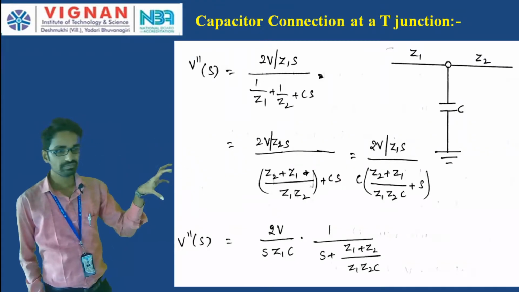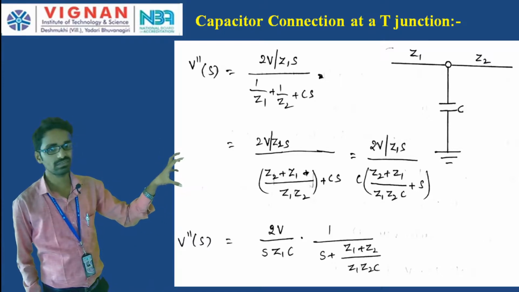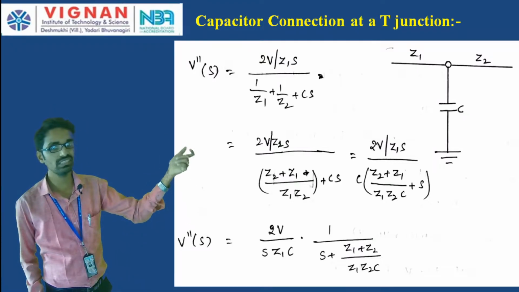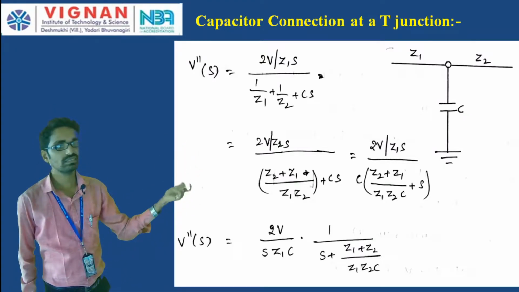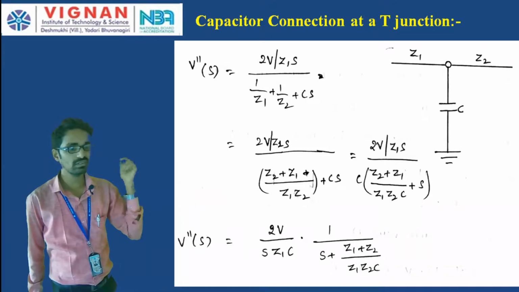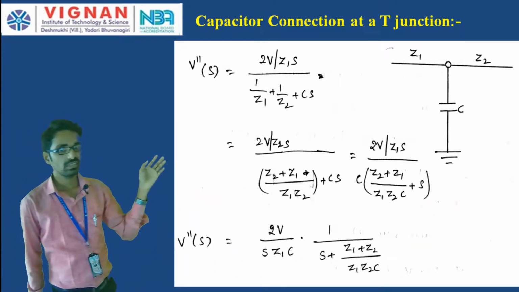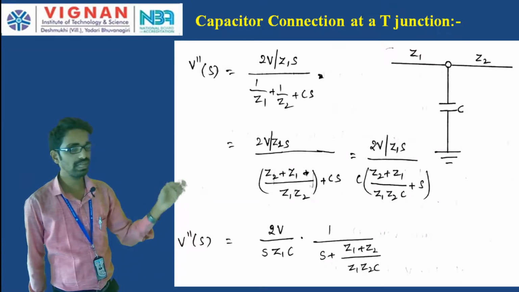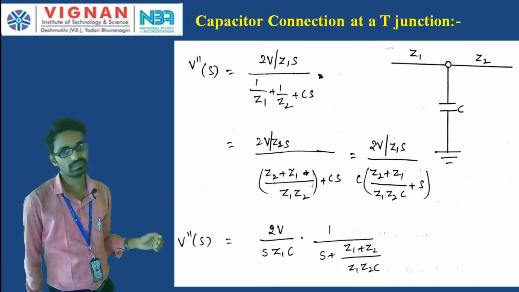So if I rearrange the terms to make the calculation easy, that is 2V by Z1 into S by, taking Z1 and Z2 common, Z1 plus Z2 by Z1 Z2 plus CS.